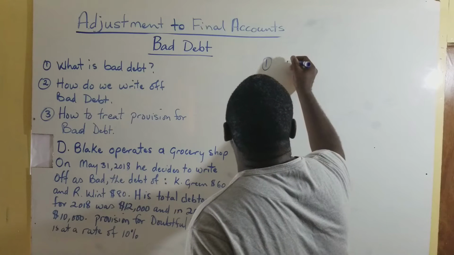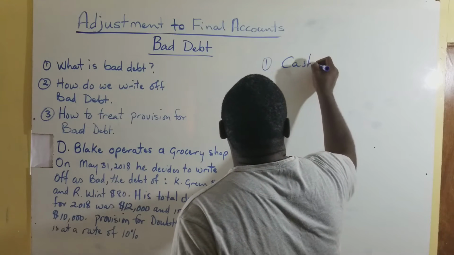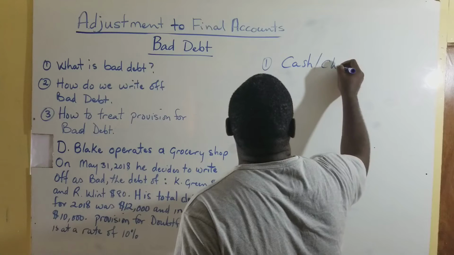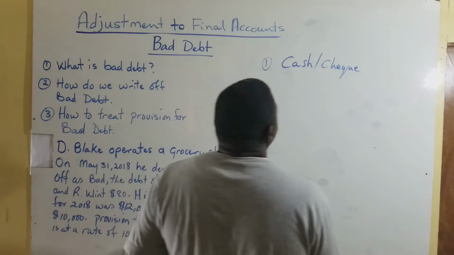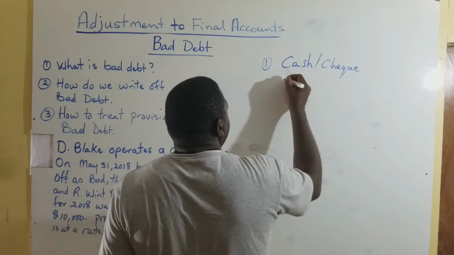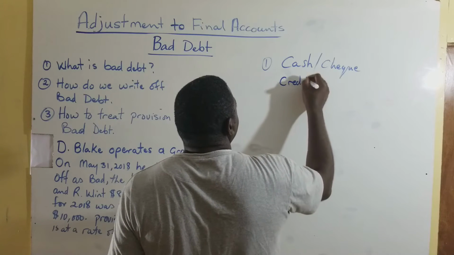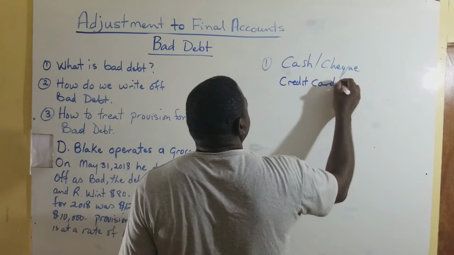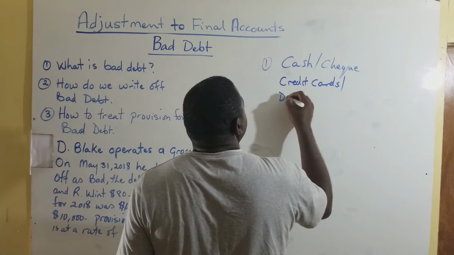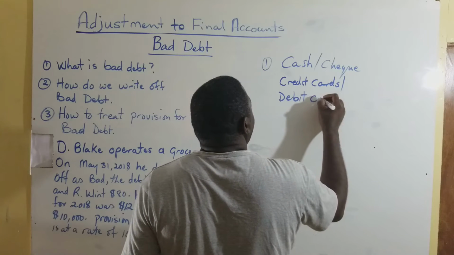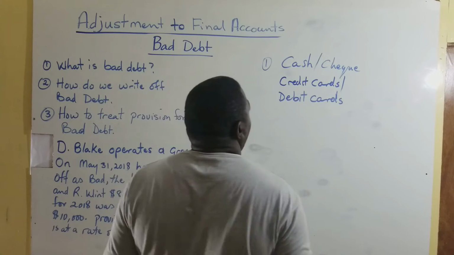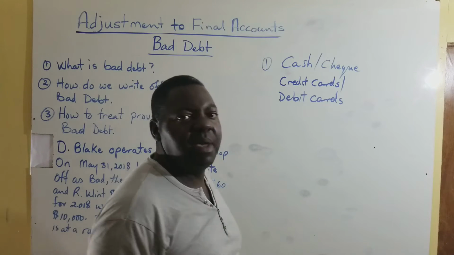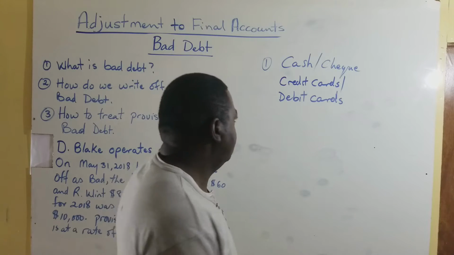One, by cash, or what we know as cheque. And of course, in today's age, we may use credit cards and debit cards. All of these are transactions where payment is taking place.